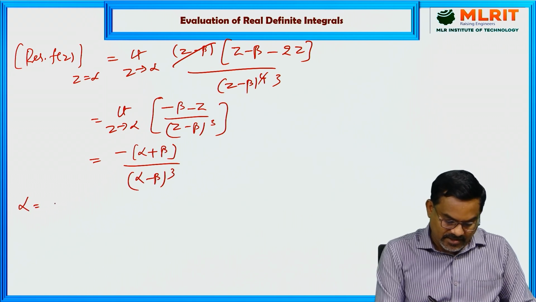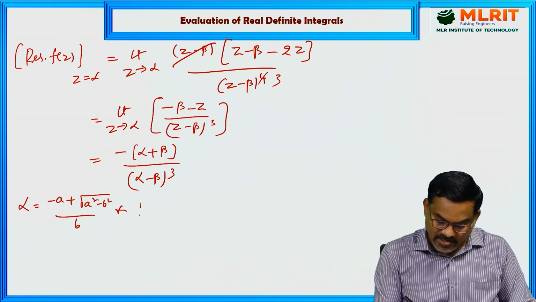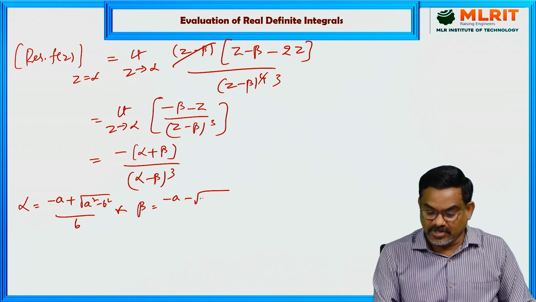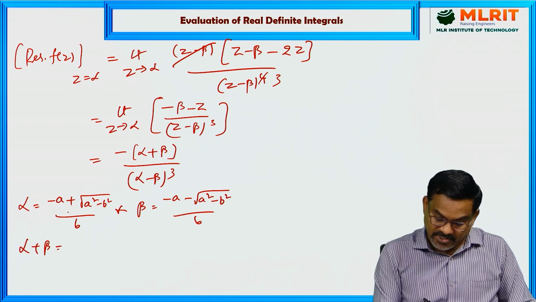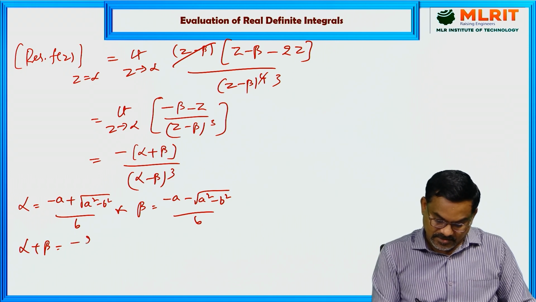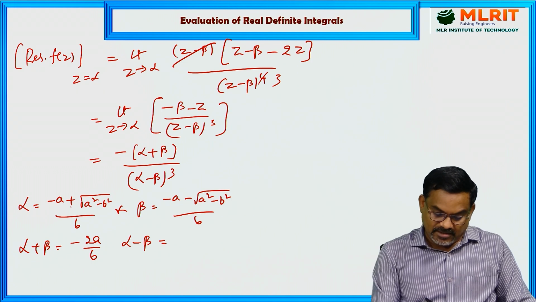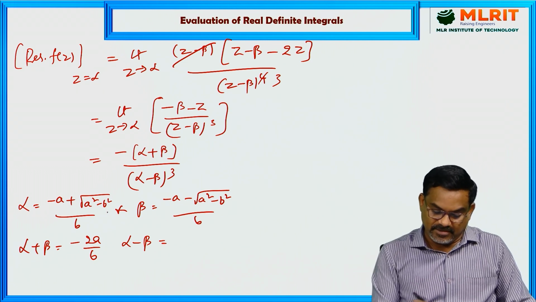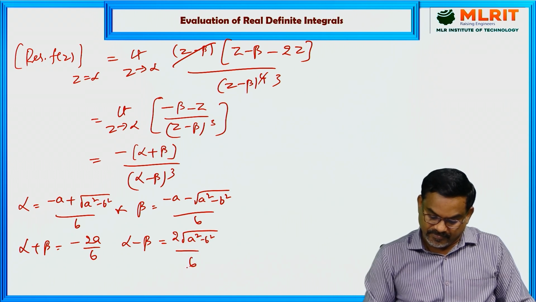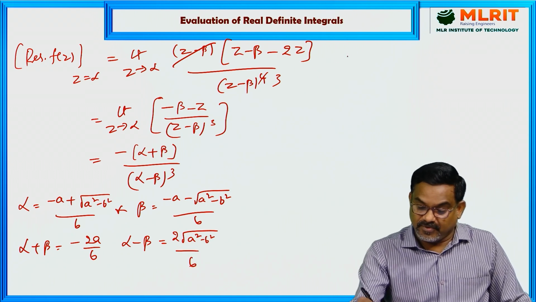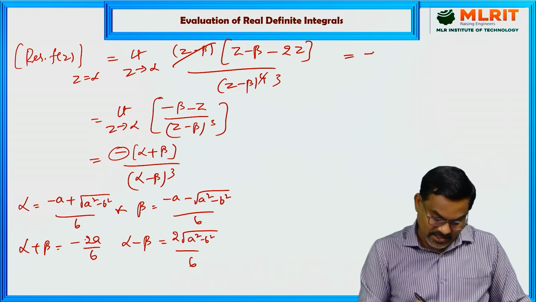And what is alpha here? Alpha is minus a plus root a square minus b square by b, and beta is minus a minus root a square minus b square by b. So, alpha plus beta becomes minus 2a by b, and the second term gets cancelled. Alpha minus beta, so here this becomes plus 2 root a square minus b square by b. So, therefore, the residue is equal to minus, and here we have minus sign and here minus sign.